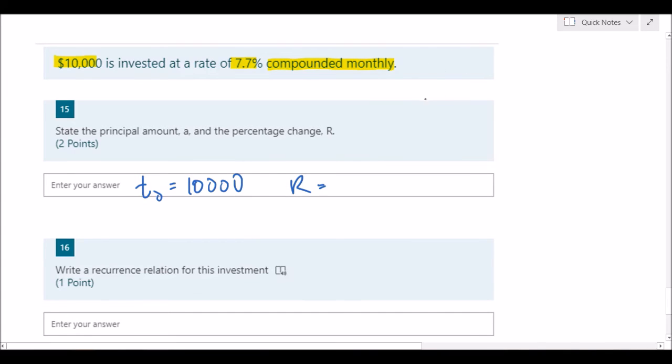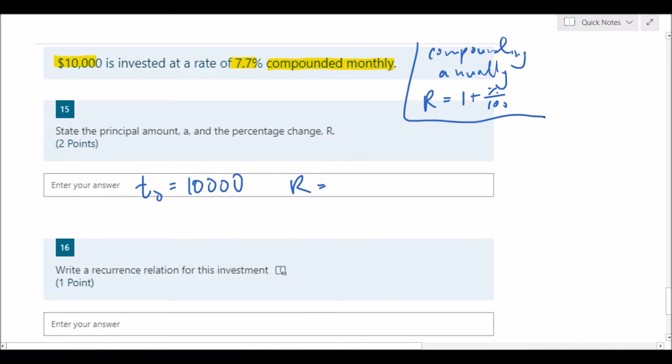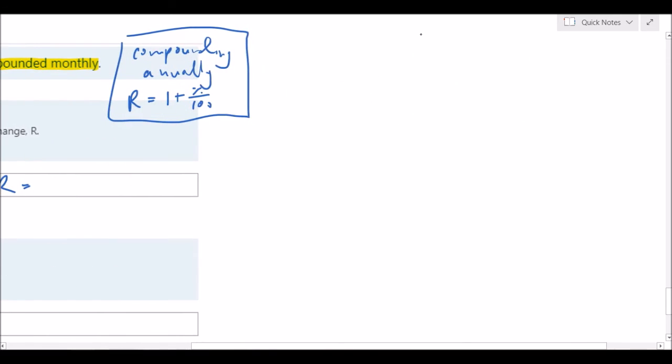Now, for this one, because it's compounding more than once per year, remember the original we had was 1 plus percentage over 100. And this is if you're compounding once per year. So all compounding annually. That's what this one was. But if you're compounding more than once per year, the formula is going to be 1 plus the percentage divided by the number of compounds, over 100.